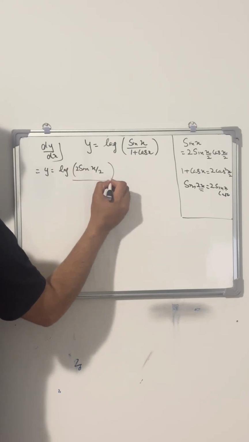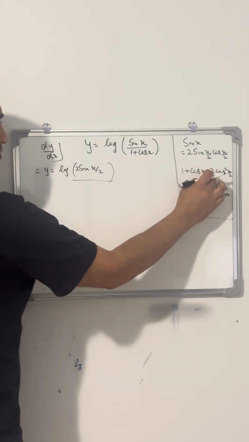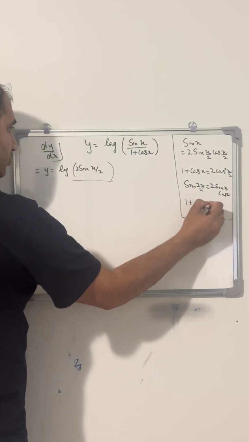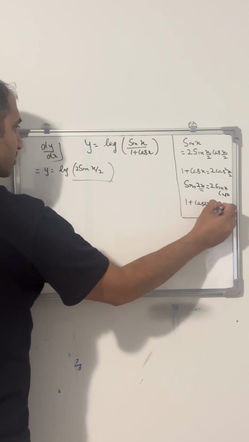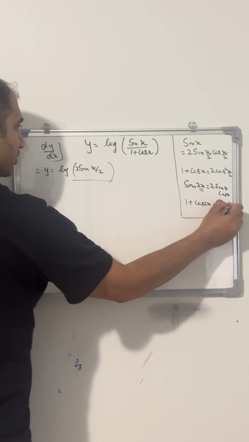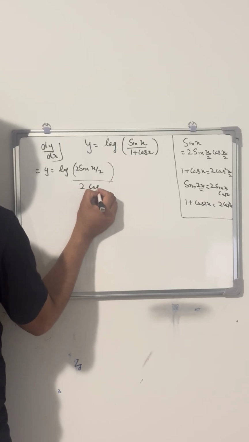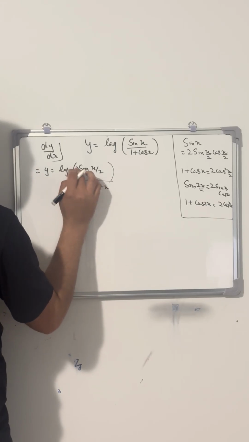Okay. And 1 plus cos x equals 2 cos square x by 2, because 1 plus cos 2x equals 2 cos square x.